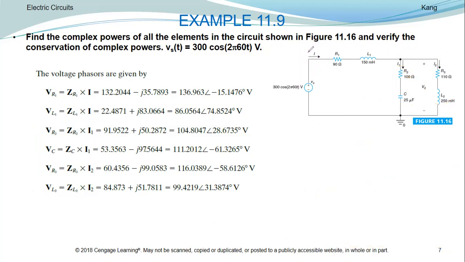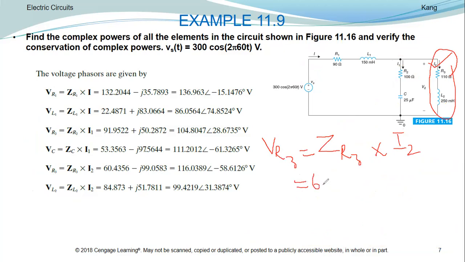Now moving towards the third part, which is related to I2. So it is VR3, which will be equal to ZR3 with the value of current. Now the current source is I2, so it will be I2. So it will be 60.4356 minus j99.0583.